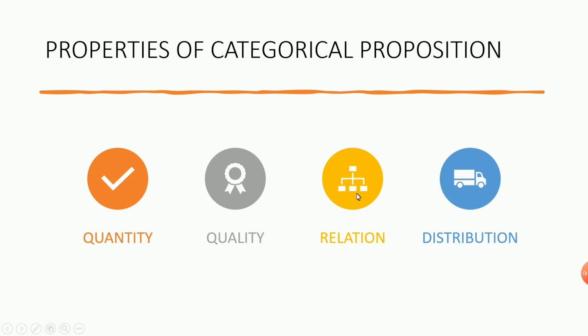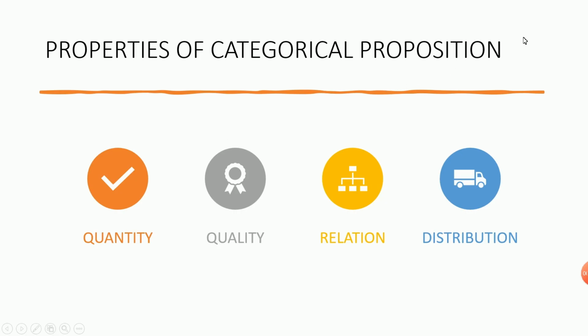And then relation: what is the relation between the first premise and second premise, or the subject and predicate? That should be available. Next is distribution: how it is distributed, whether it is distributed to the whole population, some of the population, or none of the population. Like I said, these are the four properties of the categorical proposition.